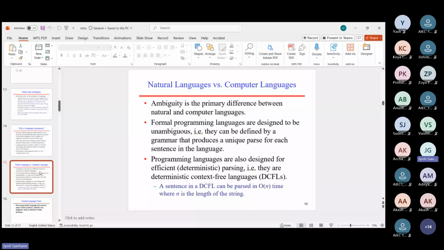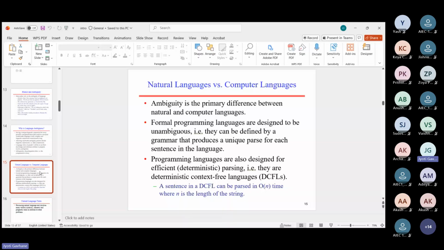Int is separate, i is separate, and semicolon is separate. So the semicolon also has a meaning, where it has to interpret that the statement has ended and I need to process only int i. Correct? So it is very simple when it comes to deterministic or programming languages, whereas it is very difficult when it comes to natural language.